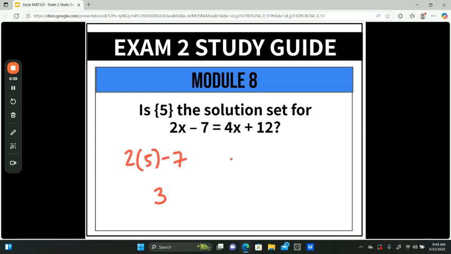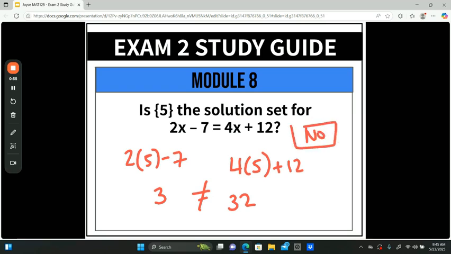And then on the right, I've got 4 times 5 plus 12, 20 plus 12 gives me 32. Does that make sense? Does 3 equal 32? And the answer is no. So the answer for this would be no.